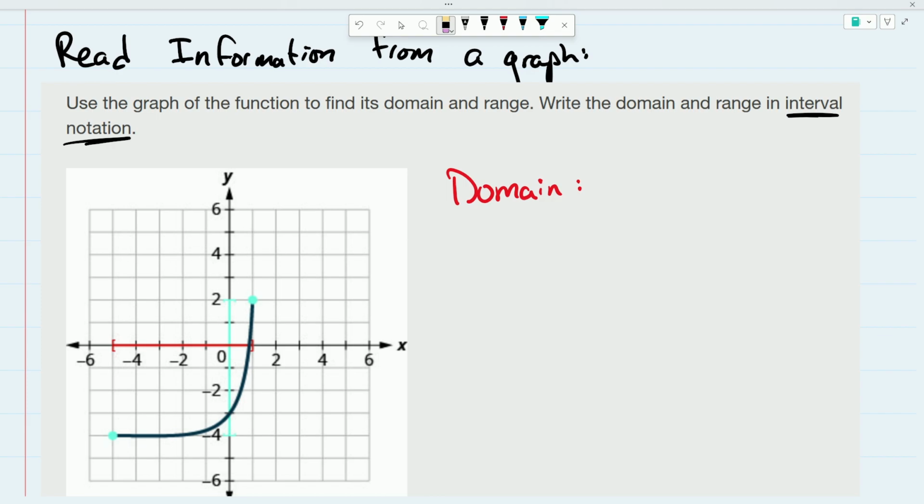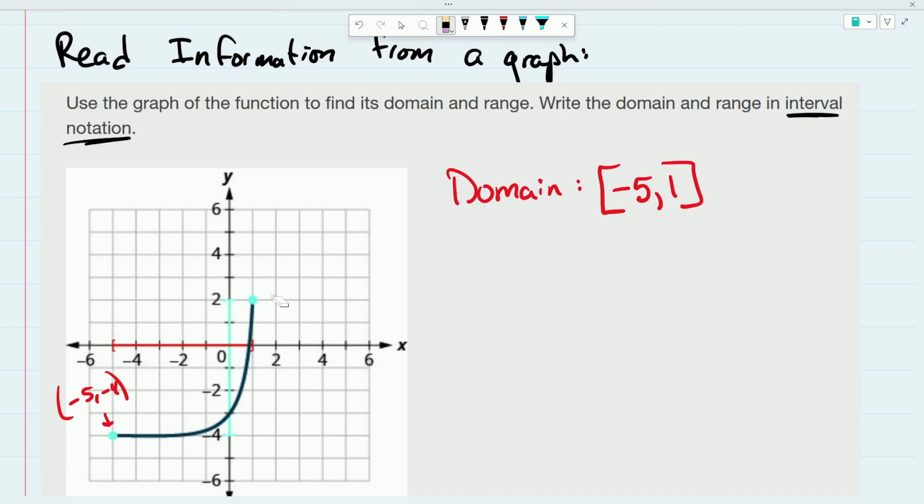You go from this ordered pair, which is going to be -5, comma, -4, all the way over to this ordered pair right here. That's the furthest to the right ordered pair, and that's going to be 1, comma, 2. And since they are solid dots, and we know domains are x values, then our domain is going to be -5 all the way up to 1 with brackets around it. And that's it. That's what the domain tells me. How far to the left, how far to the right.